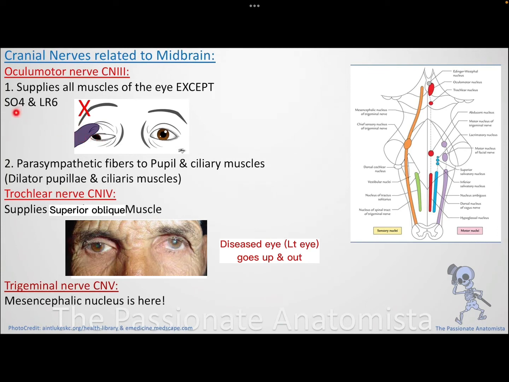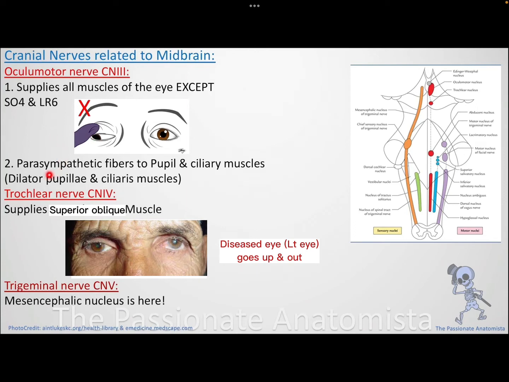SO4, forget about it. It's not going to be dominating in anything, and you will know in the eye videos why. But think about the lateral rectus, because it's the only muscle that causes abduction of the eye. So if I have a problem with the oculomotor, I'm going to have abduction because LR6 is going to be dominant. It's going to take the eye all the way to its side.